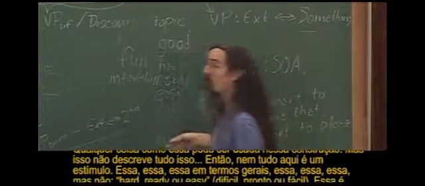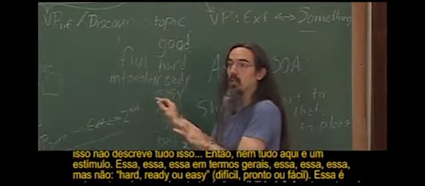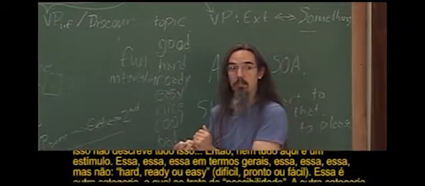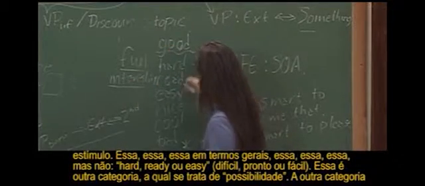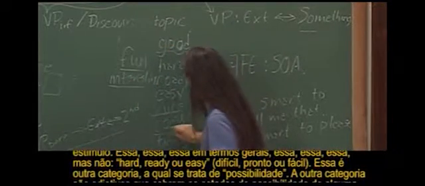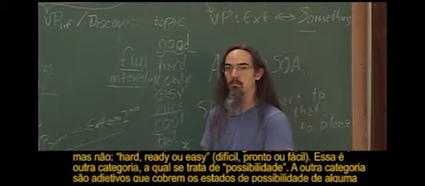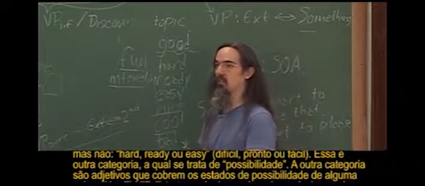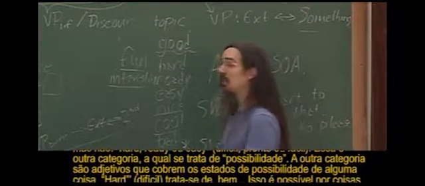But that doesn't describe all of these, right? So not everything in here is a stimulus subject. So this one, this one, this one in general terms, this one, this one, this one, but not hard, ready, or easy. That is another category, which is about enablement.